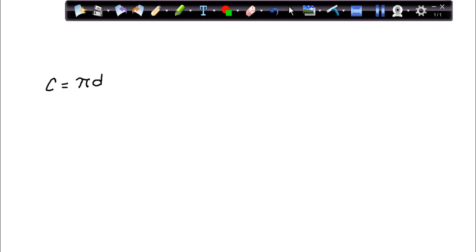So let's calculate it. So notice in this problem, they didn't give us the diameter. They gave us the radius. But we know the formula says pi times diameter, right? So knowing radius, we can get diameter.